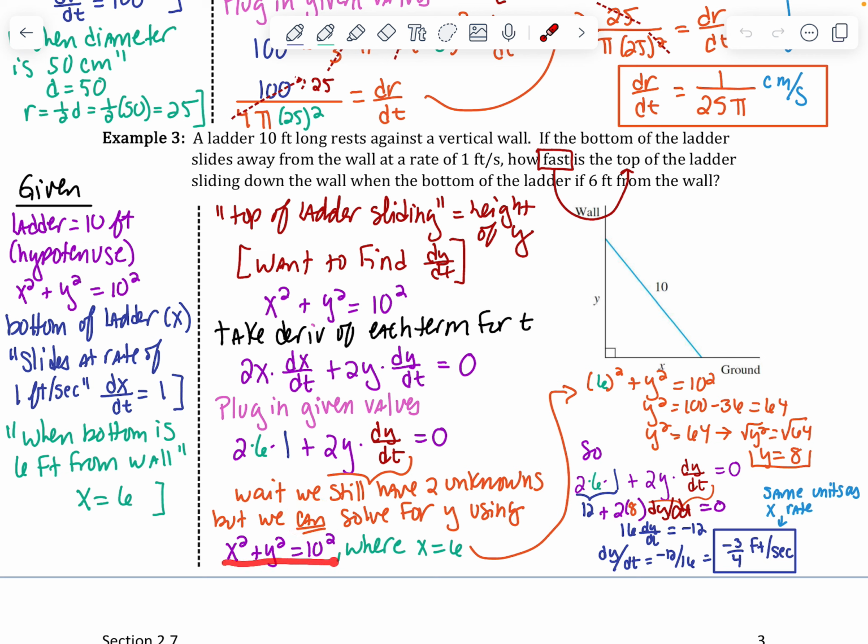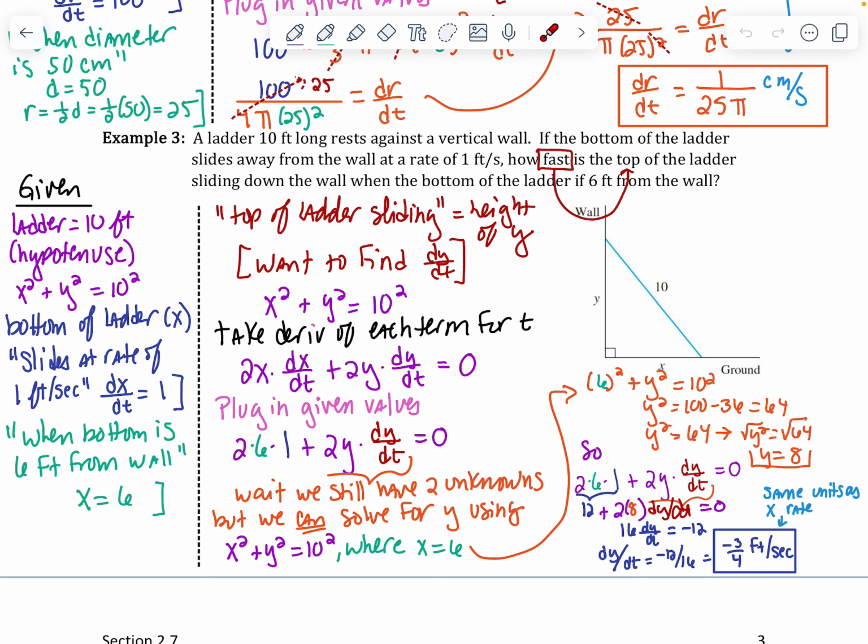If x squared plus y squared equals 10 squared, and we know what x is, then really we have 6 squared, which is 36, that can be subtracted from the other side, where 10 squared was 100. And we just have y squared is 64. Taking the square root of both sides, we end up with y is 8.